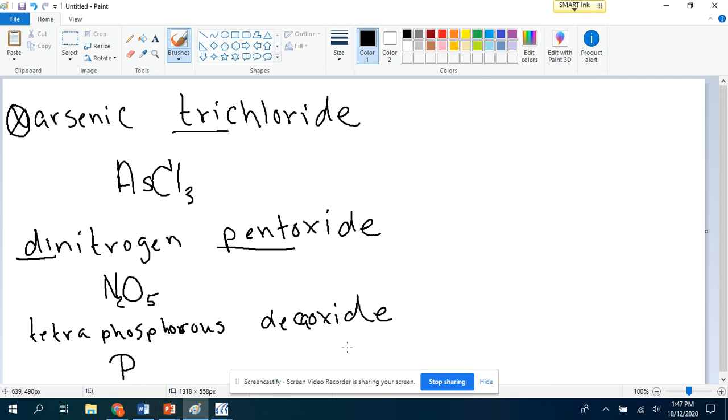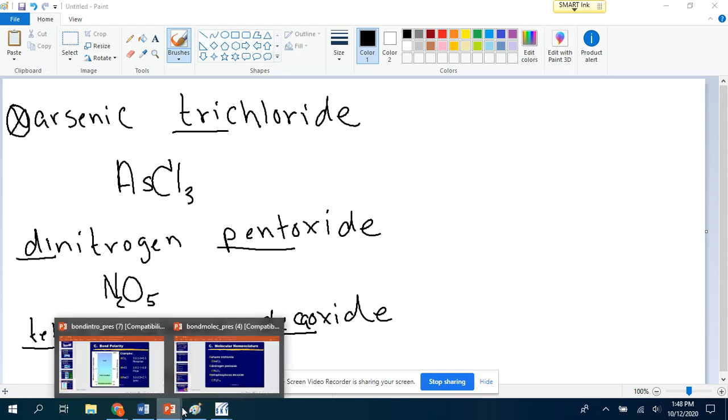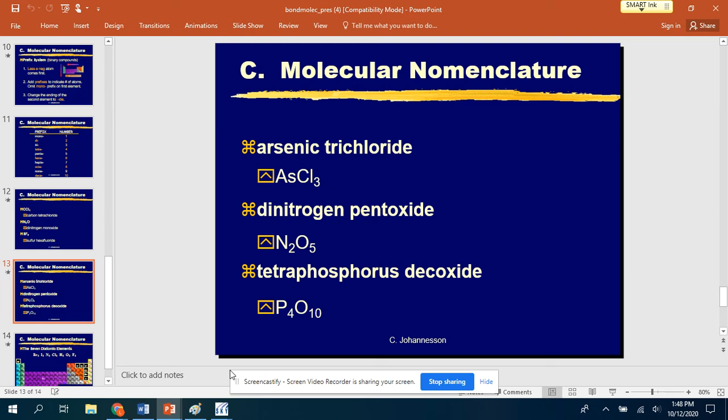Phosphorus is P. Oxide again, that's O. If you want to write your two elements first, you can, and then go back and write the numbers however you want to do it. But tetra stands for 4, and deca stands for 10. So that's how you would write that. And then here are the answers for that one if you need a second to write those down. Okay, these are the answers. You'll have plenty of practice with these, and I will come around and help you, all right?